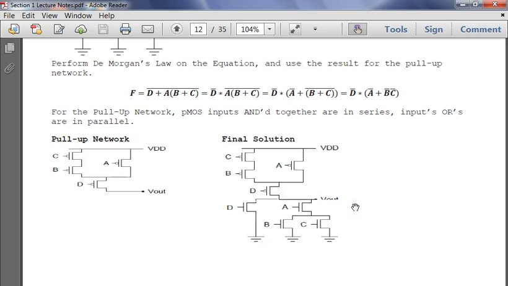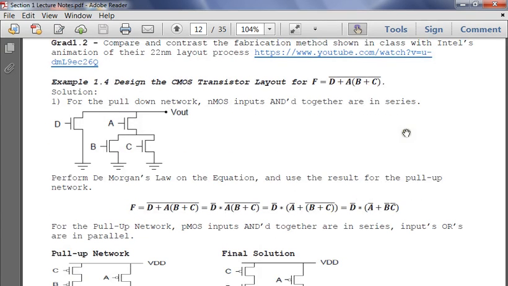So we start with the pull-down network, which is up here. We start with this equation, and since ORs are in parallel and ANDs are in series for NMOS, this actually reads just like the equation: D or quantity A and B or C. See?